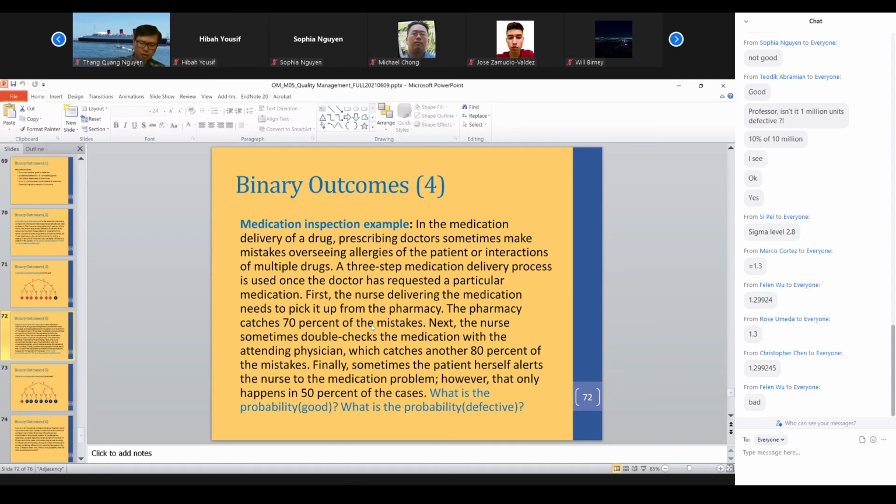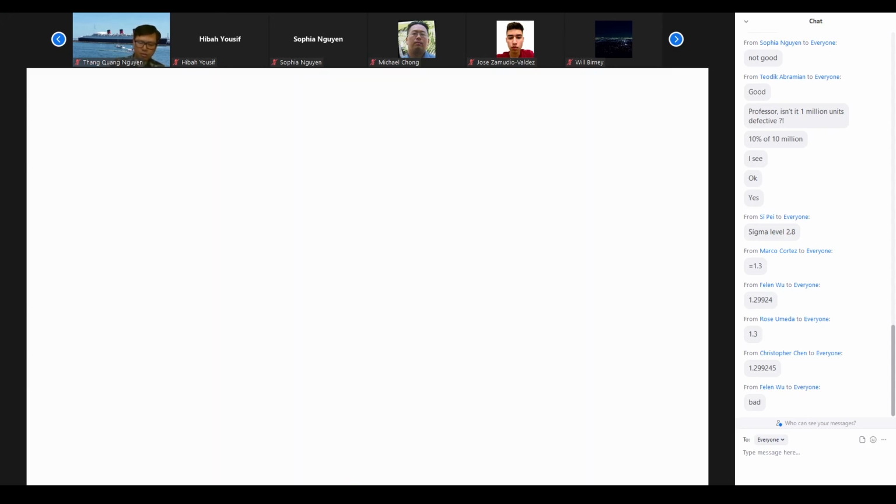To make it clearer, we need to draw the event tree. Without it, it's really hard to think about what the outcomes are and then how to calculate the probabilities of the outcomes, right? Okay, so we have the second example. In this case, we talk about catching a wrong medication.